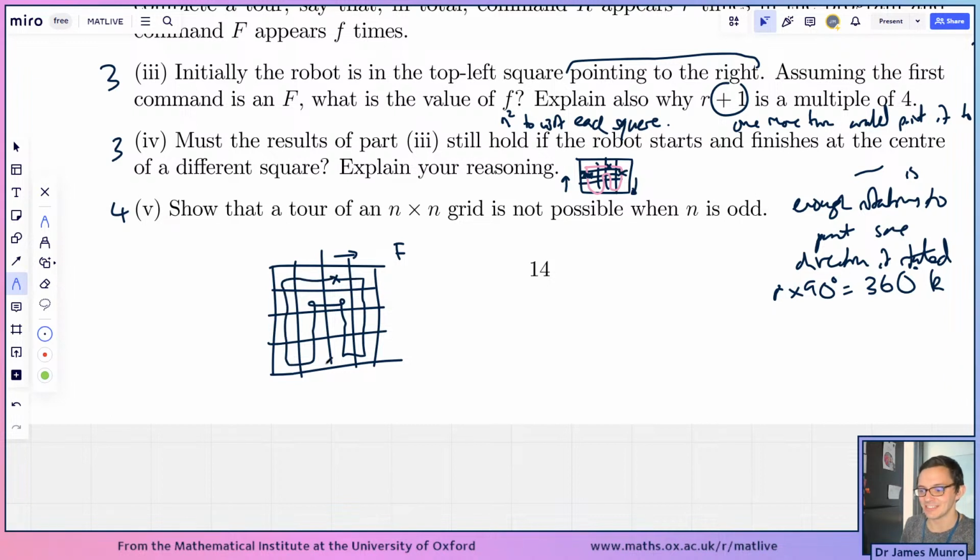And that was 1, 2, 3, 4, 5, 6, 7, 8, 9, 10, 11, 12 right turns before it completed its tour, which is a multiple of 4, not one more than a multiple of 4.